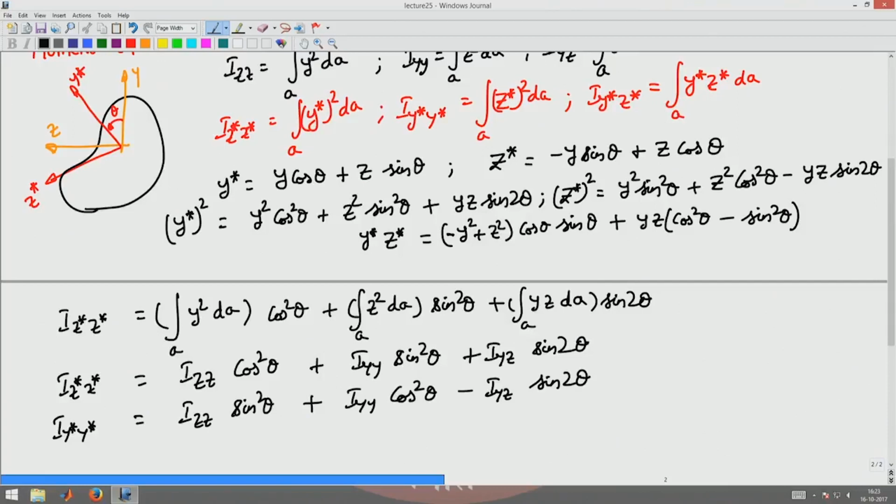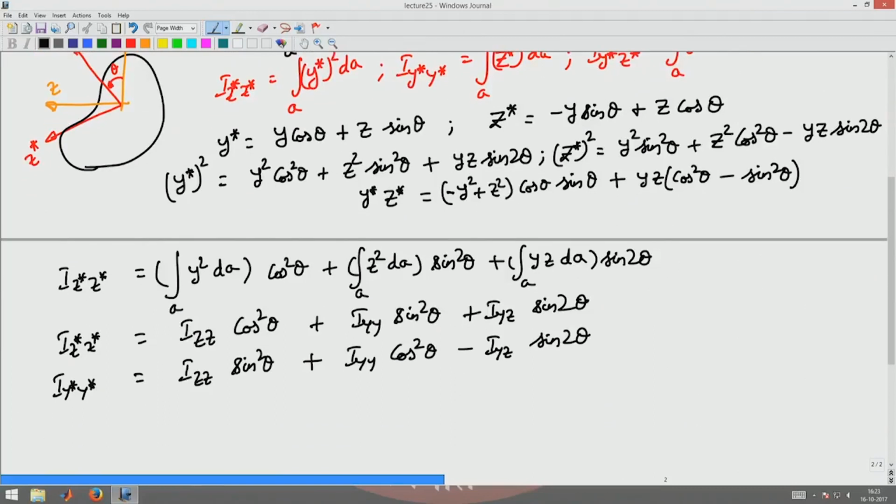Similarly, I y star z star is I y minus I z by 2 times sin 2 theta plus I yz cos 2 theta.